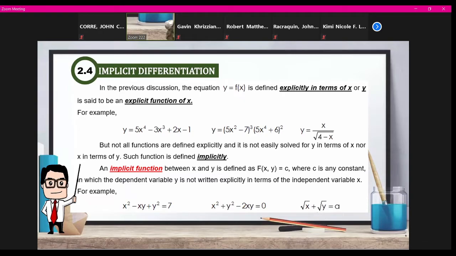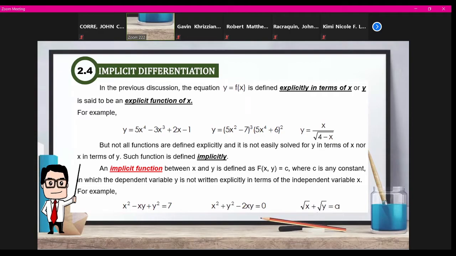For example, y equals 5x to the 4th minus 3x cubed plus 2x minus 1. Pwede rin siyang y is equal to the quantity of 5x squared minus 7 enclosed quantity cubed multiplied by 5x to the 4th plus 6x squared. So, ibig sabihin, wala siyang kasamang ibang variable kundi x.